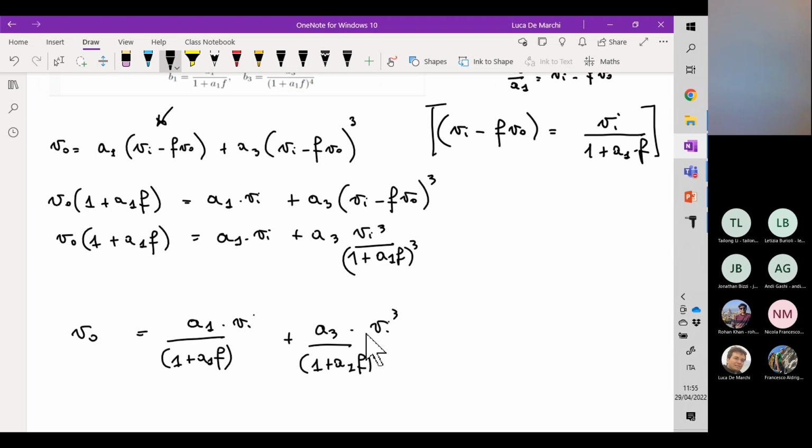So 20 logarithm base 10 of the amplitude of A of j omega, this curve here, minus the dashed curve line, which corresponds to this quantity here, minus 20 logarithm base 10 of 1 over F, because 1 over F is A null.